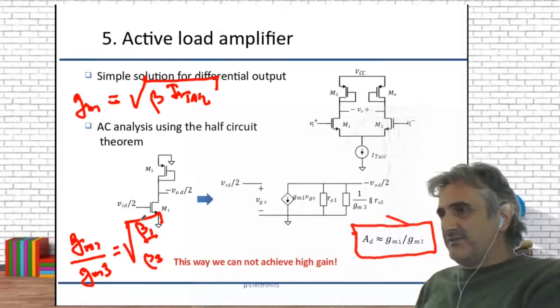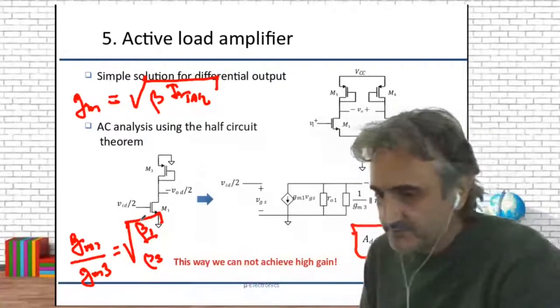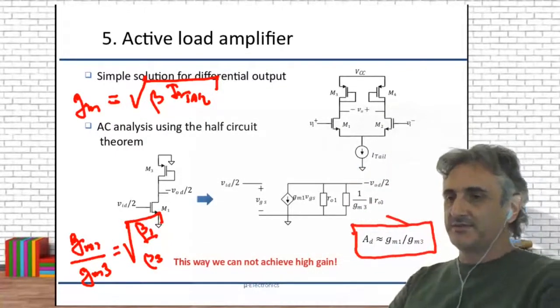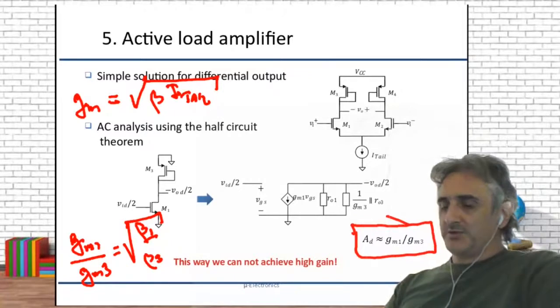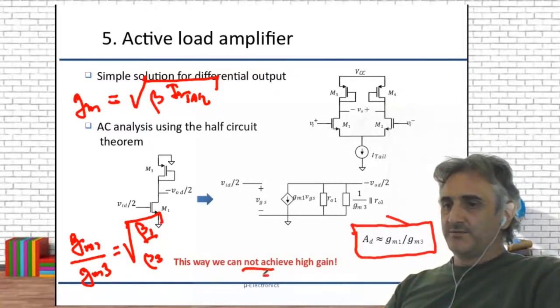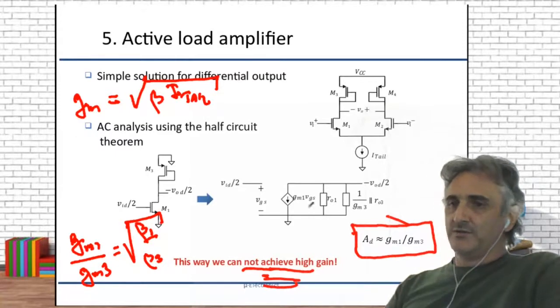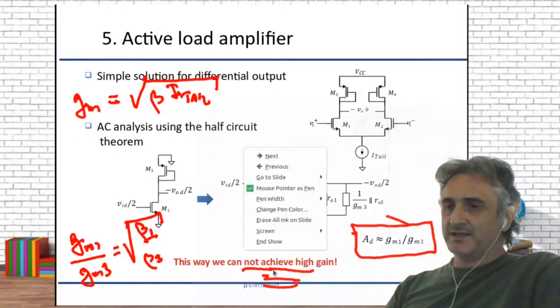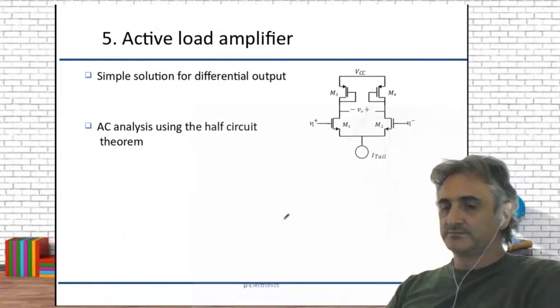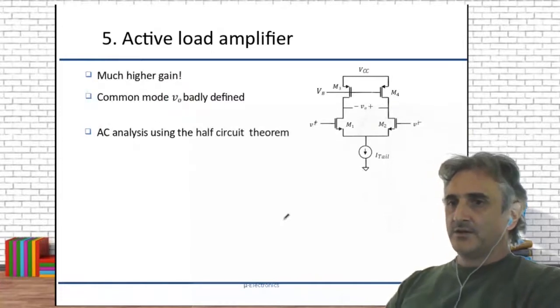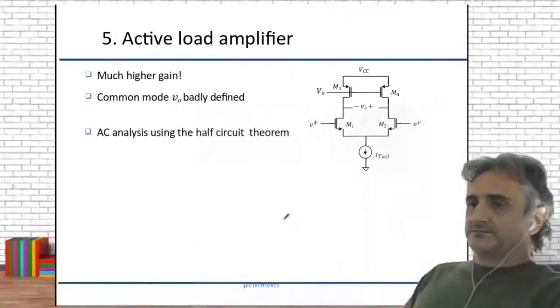This is difficult to get very big because the size is limited. So the problem is that it's difficult to achieve high gains, which is bad for us because we want the gain to be as high as possible. So what can we do?